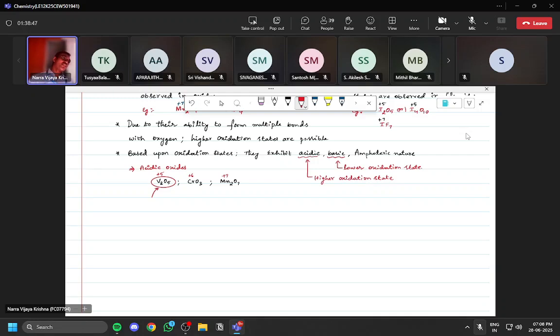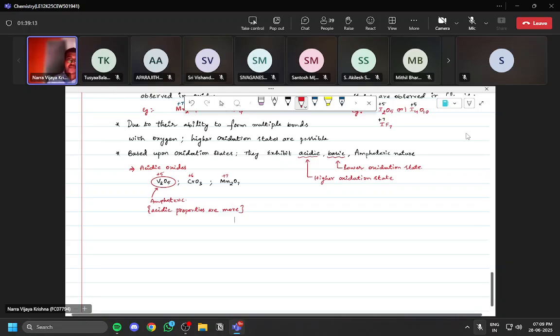That's why instead of writing amphoteric, we are writing that in the acidic oxide list. Actually, it is amphoteric, but acidic properties are more. Is it easy to remember acidic oxides among all of them?